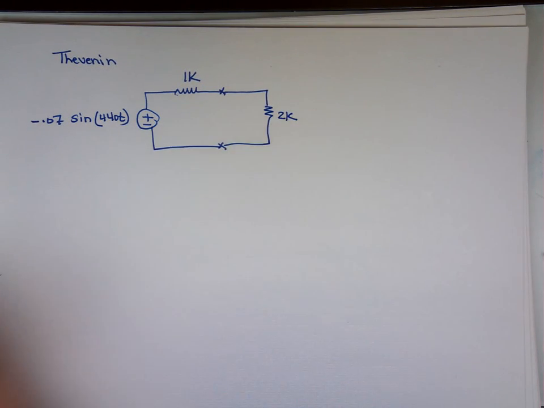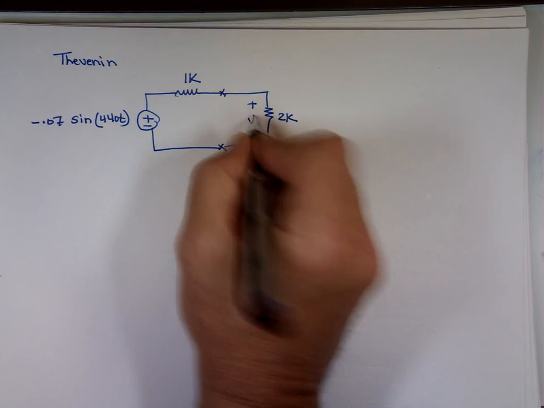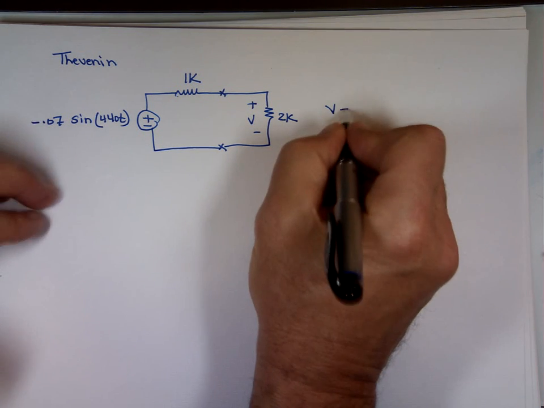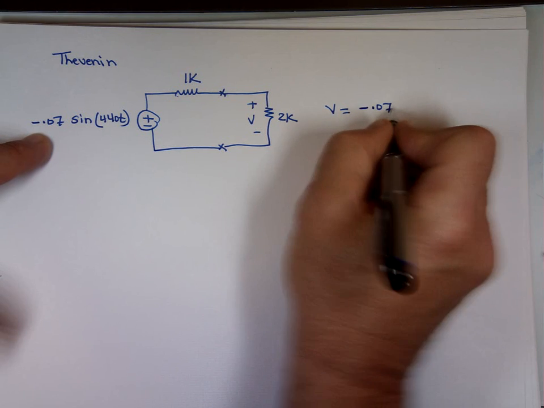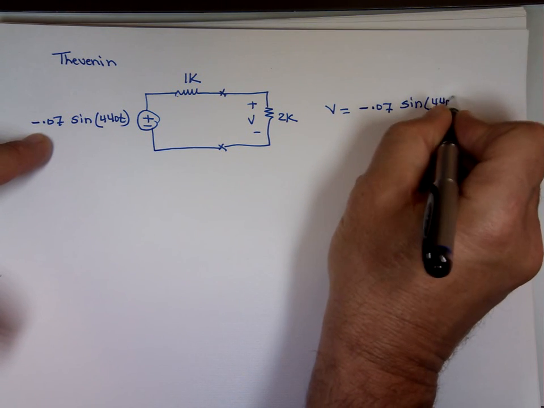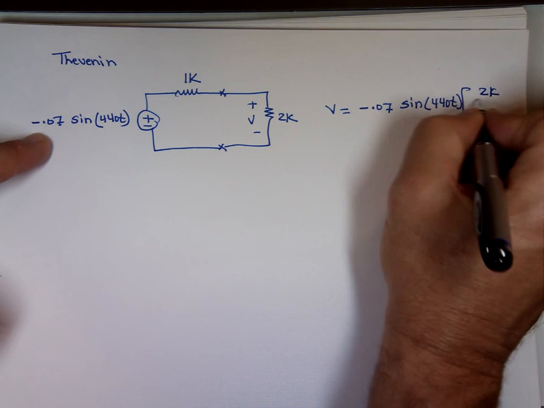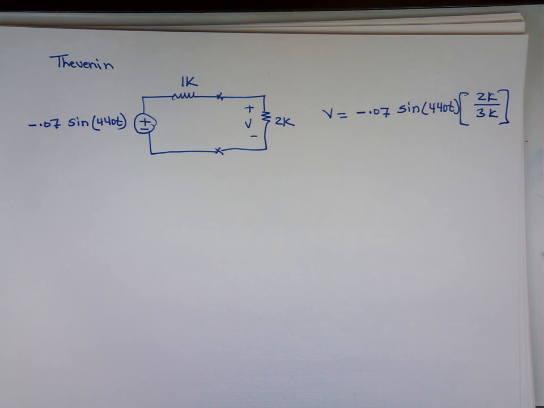And the question was, what's that voltage? Can I find that voltage? Voltage division, V equals that source times that resistor, which is 2K, over the sum of them, which is 3K. What's negative 0.07 times 2 divided by 3?